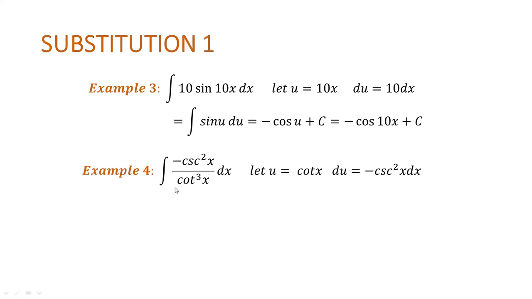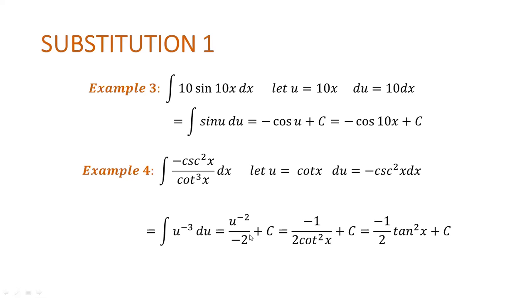In this case, you have cotangent cubed x in the denominator. If written in the numerator, this could be cotangent of x raised to negative 3. What's the derivative of cotangent x? That's negative cosecant squared x dx. So the derivative of the cotangent function is present here, telling you that it's all right to use the power rule for cotangent of x raised to negative 3.